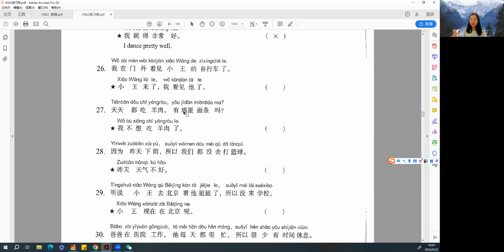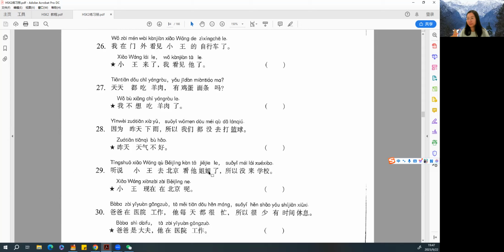So if a person says I eat that every day, and then suddenly asks, do you have egg noodles? It means this person actually wants to eat egg noodles. This person doesn't want to eat the same thing all day, right? So here it is correct that 我不想吃羊肉了. I don't want to eat that anymore, so it's correct.